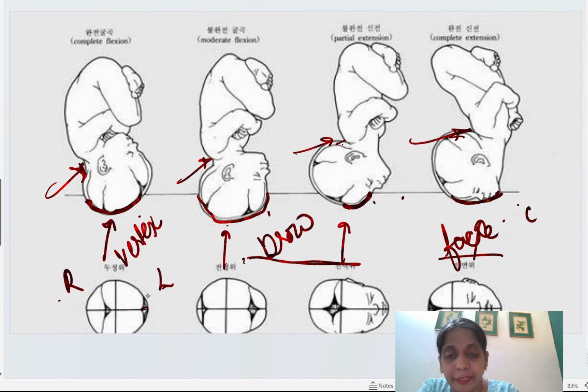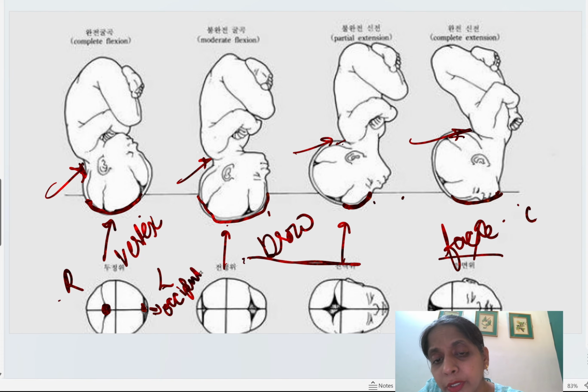Here we can feel the anterior and posterior fontanelle. This is the anterior fontanelle and this is the posterior fontanelle.